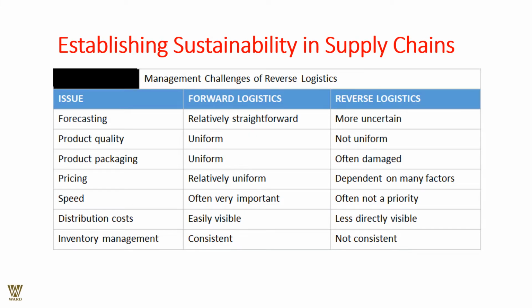Now, if we have to manage the challenges of reverse logistics, what are the issues in forecasting? In forward logistics it's relatively easy, it's an extrapolation of what has been happening in the past data. But in reverse logistics, you never know how much defects will come around.